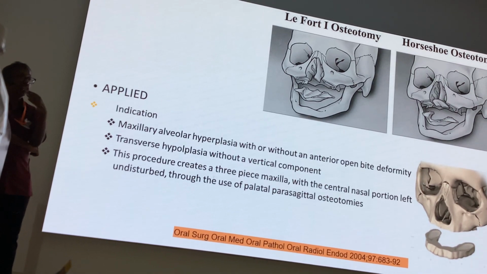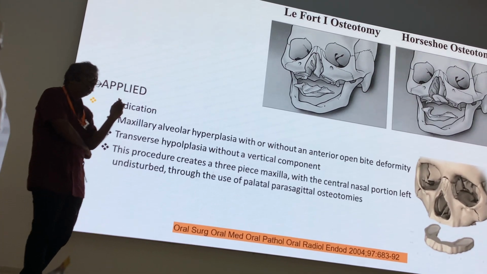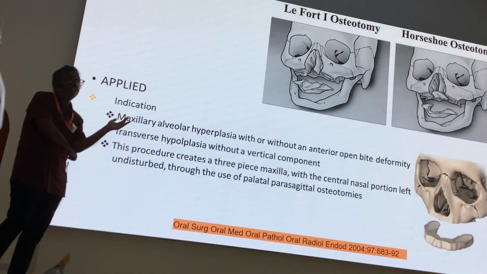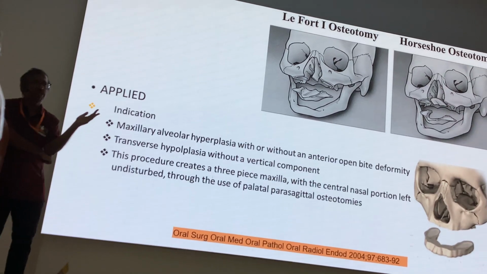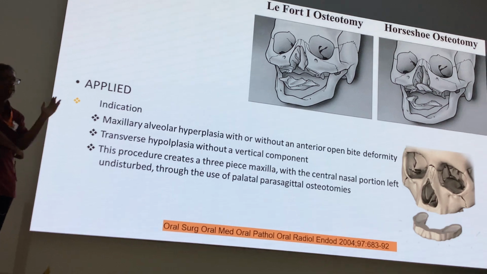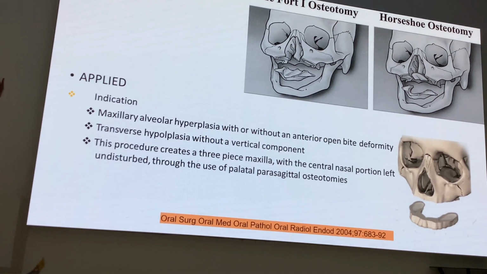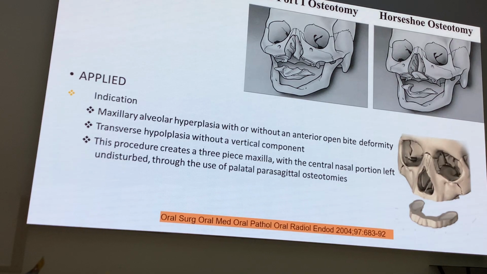Whether it is a normal Le Fort I or a high Le Fort I, there are variations, Le Fort II or Le Fort III, but mostly we do Le Fort I only, as well as the variations of high Le Fort I, where you have to be careful about the previously mentioned nasal lateral wall.